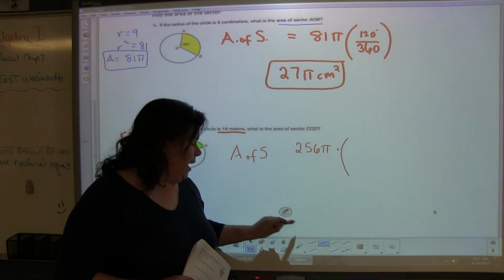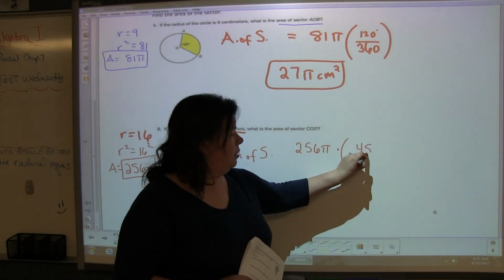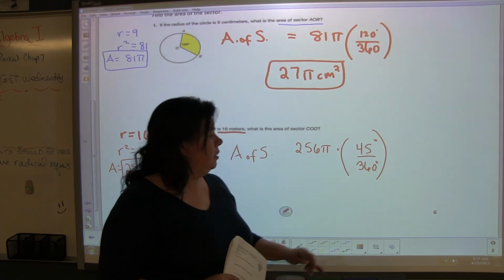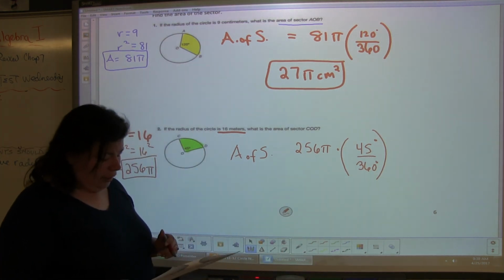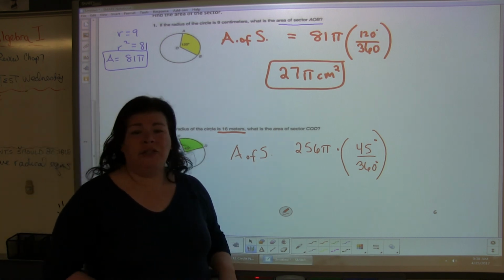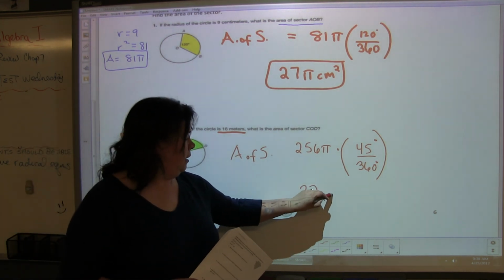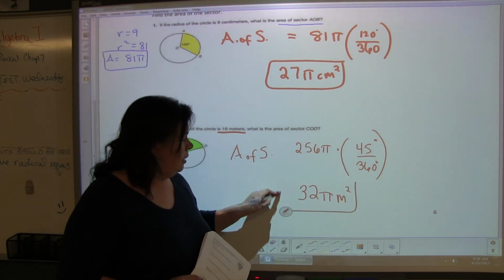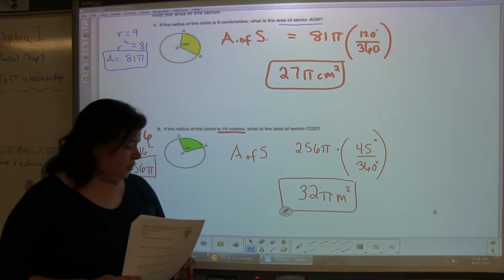So we're looking for that, which is 45 degrees, divided by a full circle of 360 degrees. If you take 45 divided by 360 in your calculator, and then multiply that by 256, you're going to get 32 pi meters squared. And that's how you find the area of a sector.